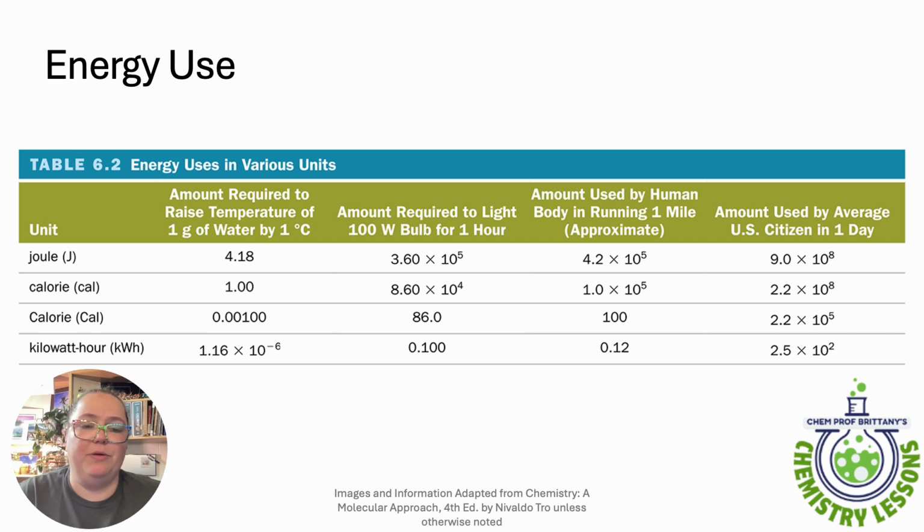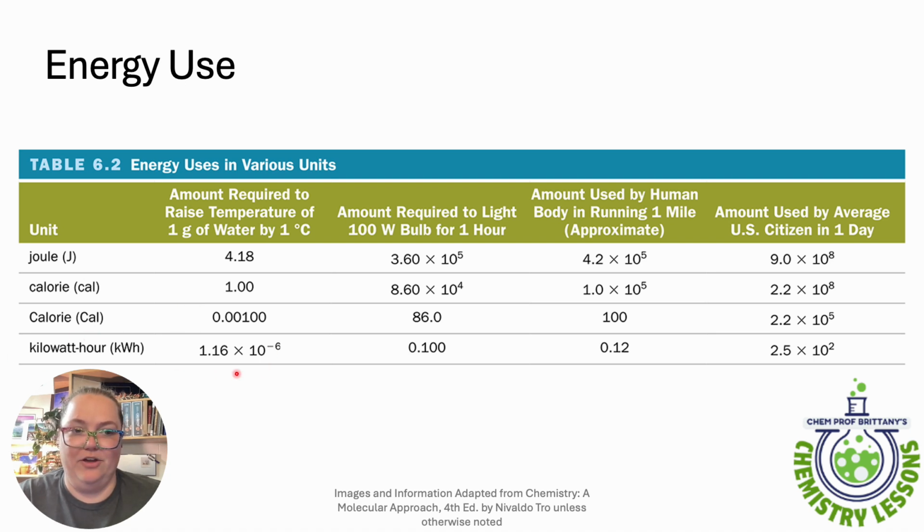Just to give a little bit of perspective to those, to raise 1 gram of water by 1 degree Celsius, so that's 1 milliliter of water by 1 degree Celsius, it takes a little over 4 joules, but that's 1 calorie, which is 1/1000th of a food calorie. And it's 1.16 times 10 to the negative 6 kilowatt hours.